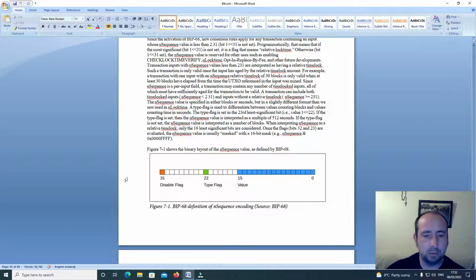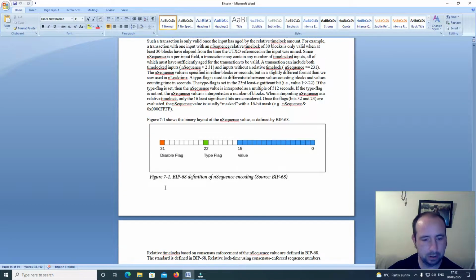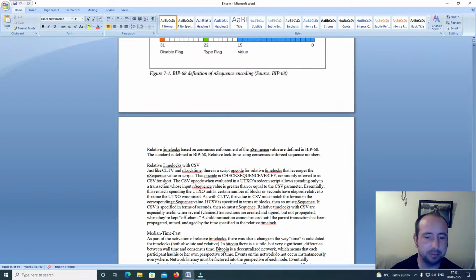Figure 7.1 shows the binary layout of the nSequence value as defined by BIP68: bit 31 disable flag, bit 22 type flag, bits 15 to 0 value. Figure 7.1, BIP68 definition of nSequence encoding, source: BIP68.